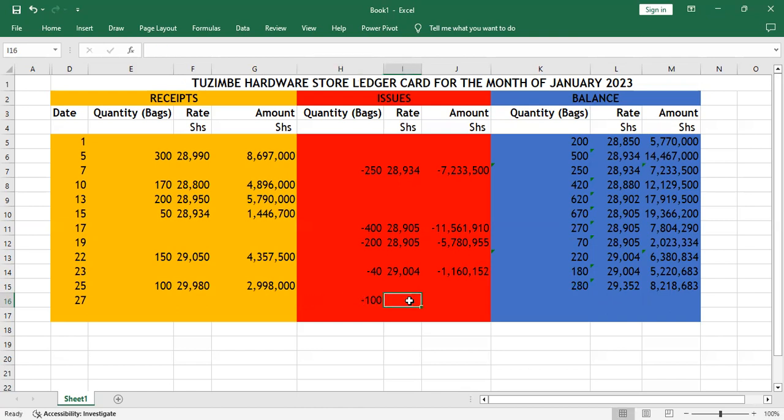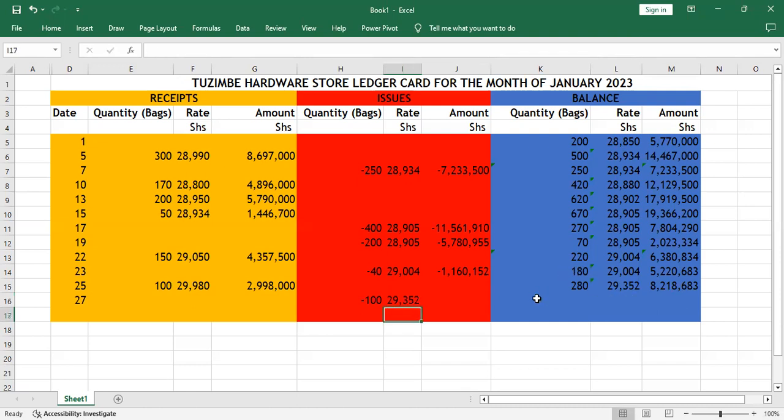These are issues. For issues we assign a cost to each bag, and that is the average cost per bag as at that date. And from our storage account, the red column of the balances shows that as at that date, the average cost per bag is 29,352.